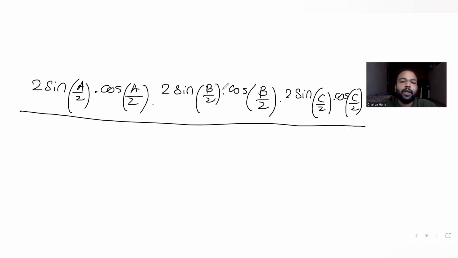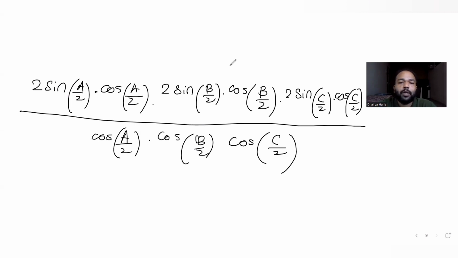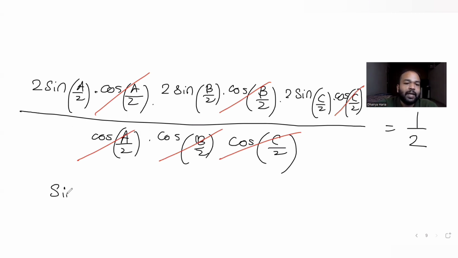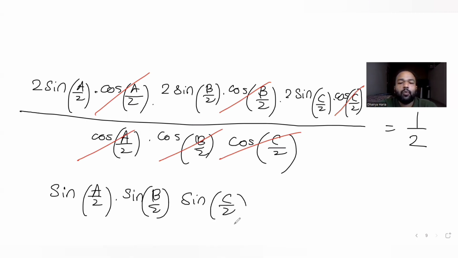Divided by the other ratio I have here, cos A by 2, cos B by 2, and the remaining ratios. So I can cancel this cos on every end. And this was given to me as equal to half. So I get sine A by 2, sine B by 2, sine C by 2. Product of them with 8 is equal to half.